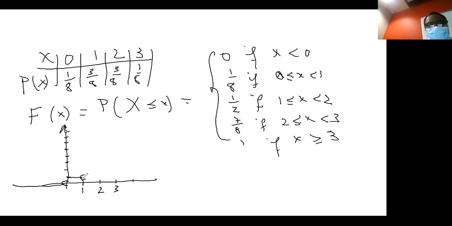That goes here. Then at 1, we start with half. Then at 2, we go to 7 over 8. At 3, we are at 1.